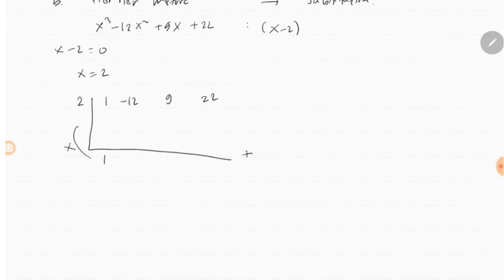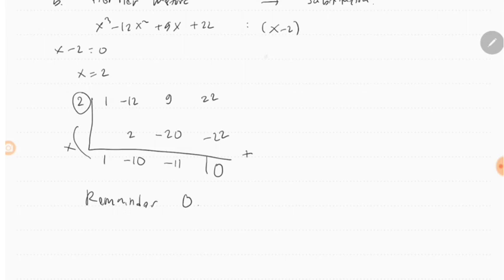So 1 times 2 is 2, and negative 12 plus 2 is negative 10. Negative 10 times 2 is negative 20. 9 plus negative 20 is negative 11. Negative 11 times 2 is negative 22, and 22 plus negative 22 gives you 0. So the remainder for that equation is 0.